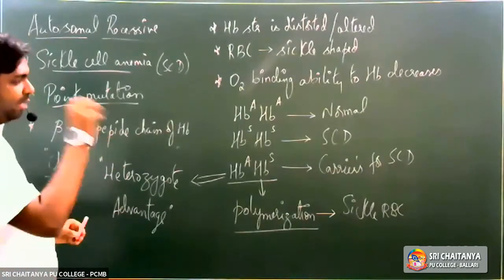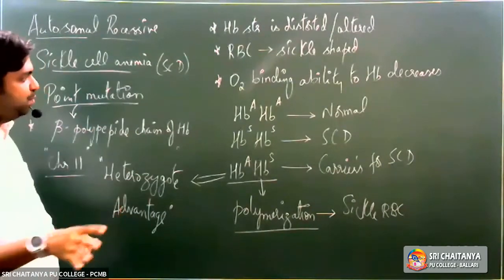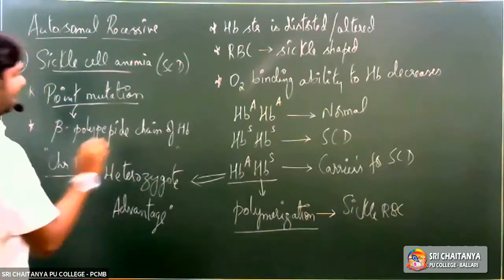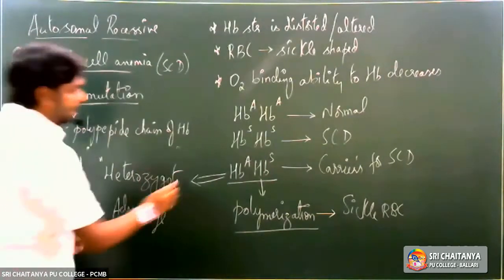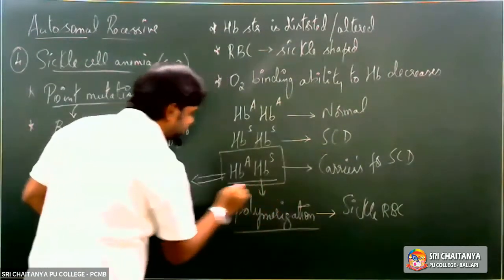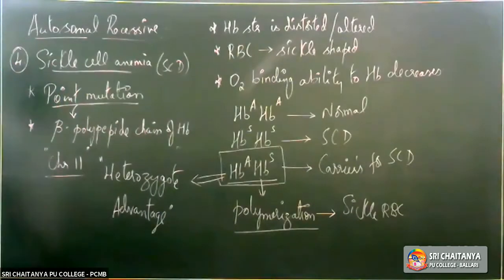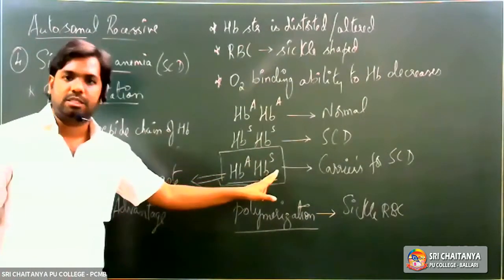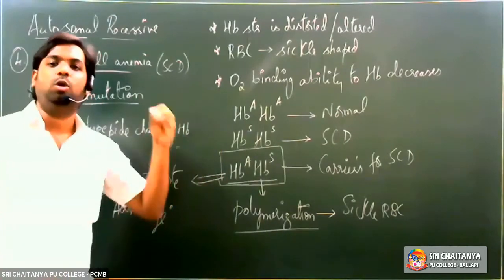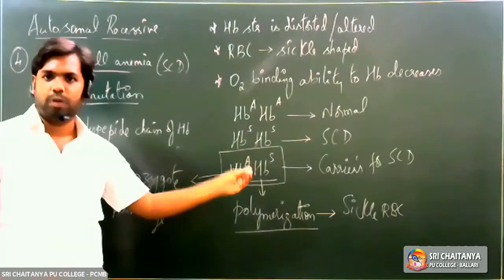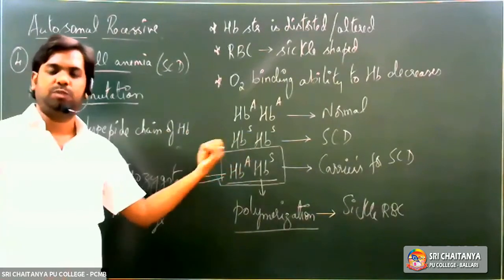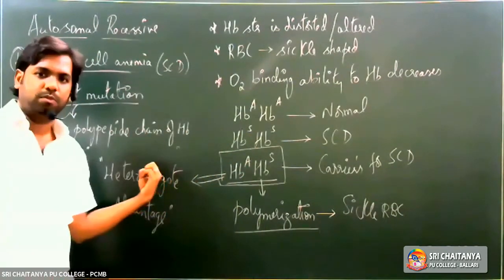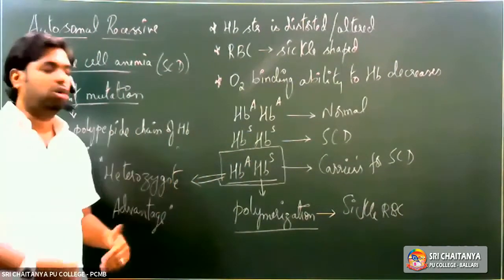Nowadays, what the scientists have identified, with regards to this particular carrier, is that HbA and HbS are both co-dominant alleles. You remember the topic called co-dominance, which we took up in previous sessions. So what happens in co-dominance?